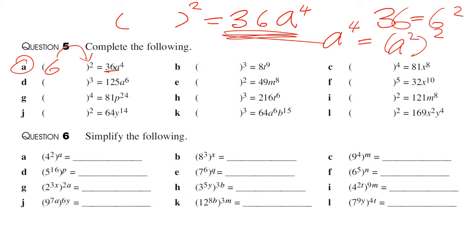A to the power of 2 squared, is it going to give me a to the power of 4? Well, if I have a to the power of 2 and then I raise it to the power of 2, what do I do with the power? 2 times 2, which is 4. Which means a to the power of 2 squared is going to give me a to the power of 4. So the second part of what should be inside the bracket would be a to the power of 2. Let's check our answers.